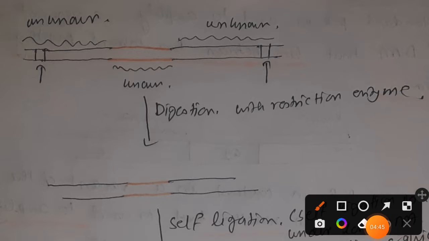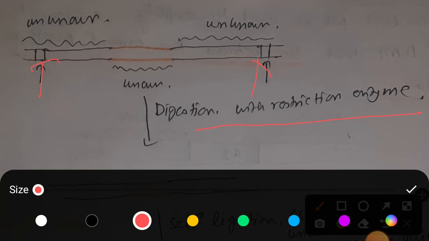This restriction digestion will be performed with a restriction enzyme that creates a staggered end for us. Remember, we will perform the restriction digestion in such a way that our unknown sequence is not hampered.